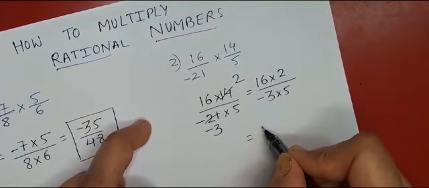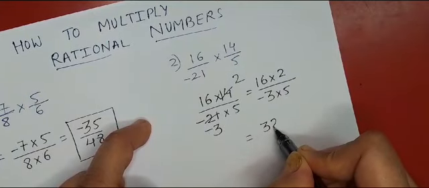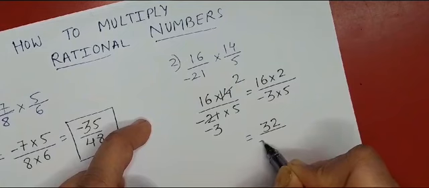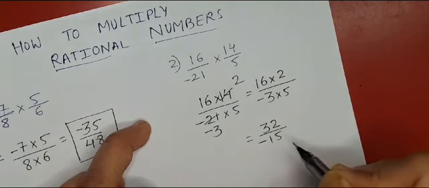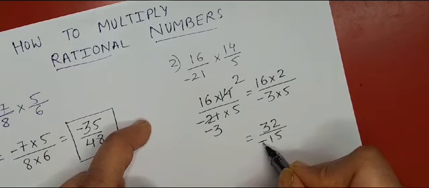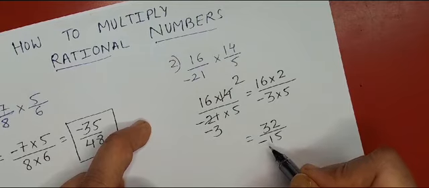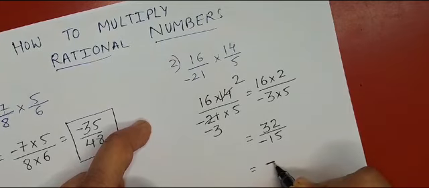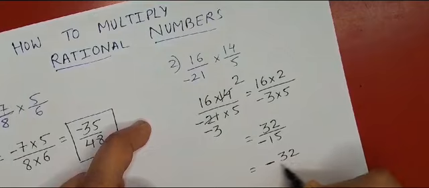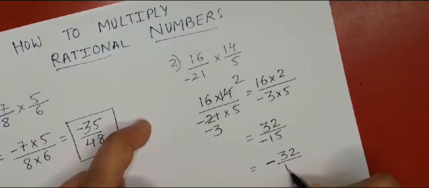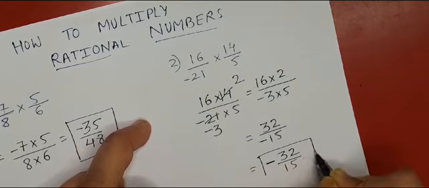So we will have 32 over negative 15. Now here we have negative sign in the denominator, so it will come in between. So negative 32 over 15 will be our final answer.